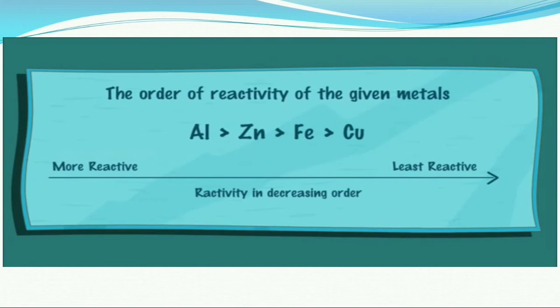We can infer that Fe is able to displace Cu from its salt solution, Zn is able to displace Cu and Fe from their salt solutions, and Al is able to displace Zn from its salt solution. So Al is the most reactive metal and copper is the least reactive metal.